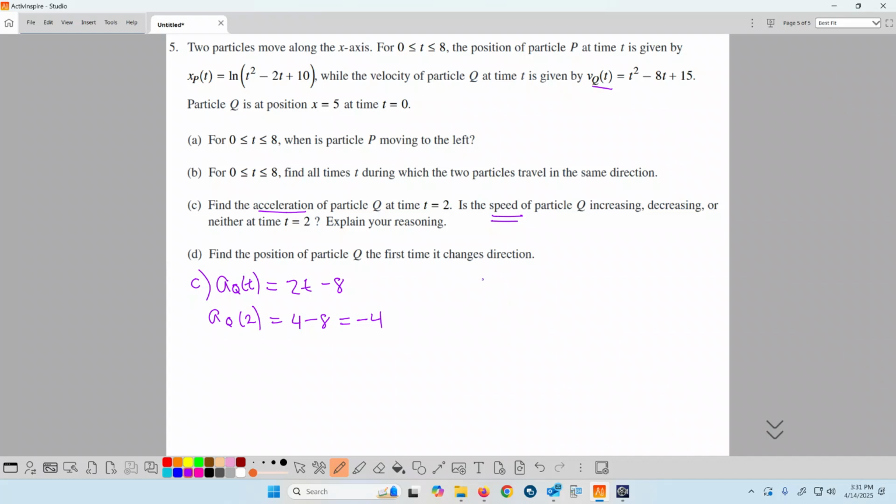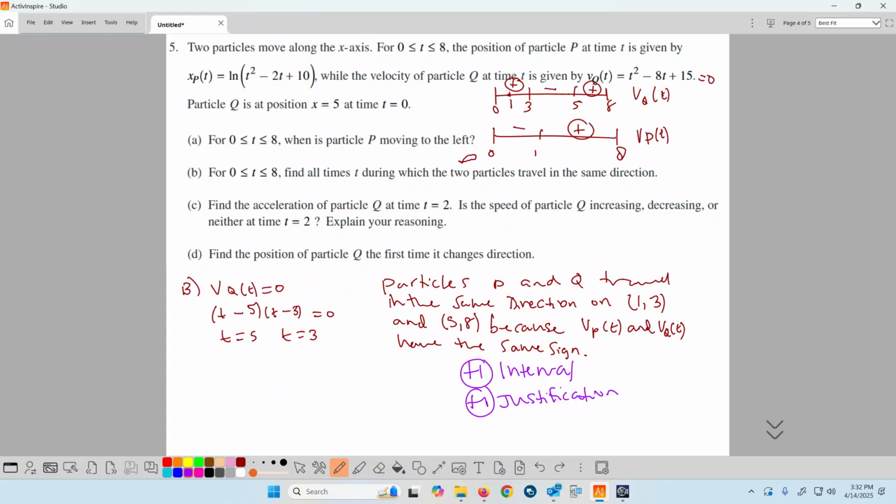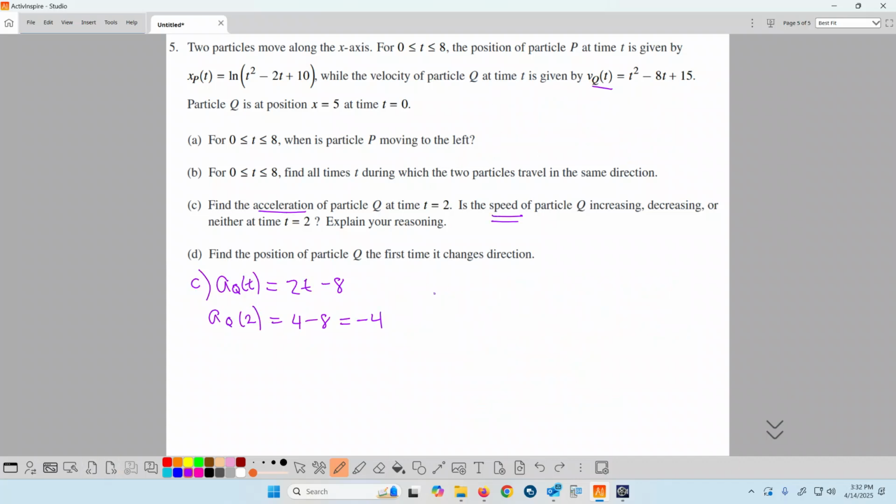Is the speed of the particle increasing or decreasing, or neither, at a time of 2? If you recall, speed increasing means that the velocity and the acceleration have to have the same sign. We did the velocity of particle Q here, right? And 2 falls right here in this interval, and we know that at 2, the velocity is positive.